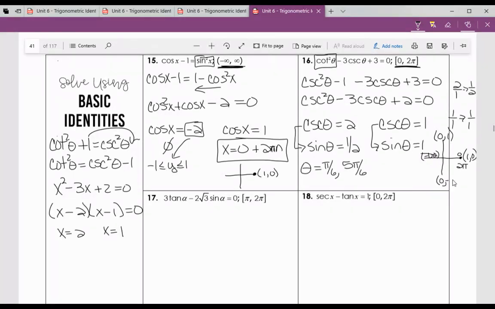And you've got 0, negative 1, which does not help me. I want sine theta equal to positive 1. Well, that would be up here at pi over 2. Now, I do not have to write the 2 in pi because I am on a defined interval. I do not have an infinite interval. So those are my three answers for number 16.